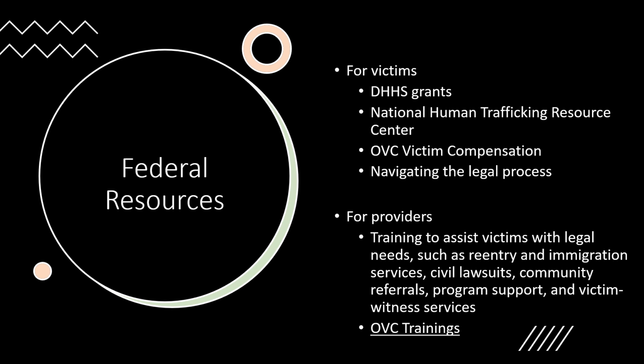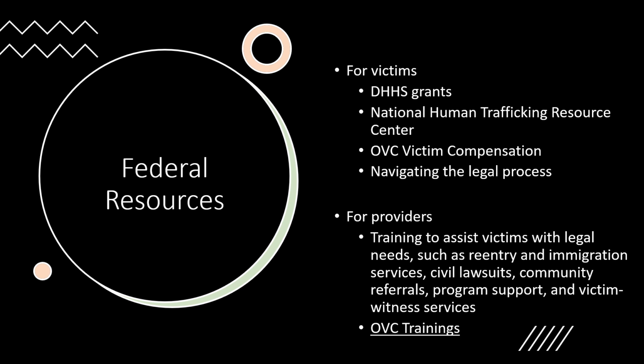All right, so we are at the end of our presentation, and the final, probably 3 slides, are all resources for human trafficking. These resources, federal and community resources, are places that victims of trafficking can go to get the help that they need.